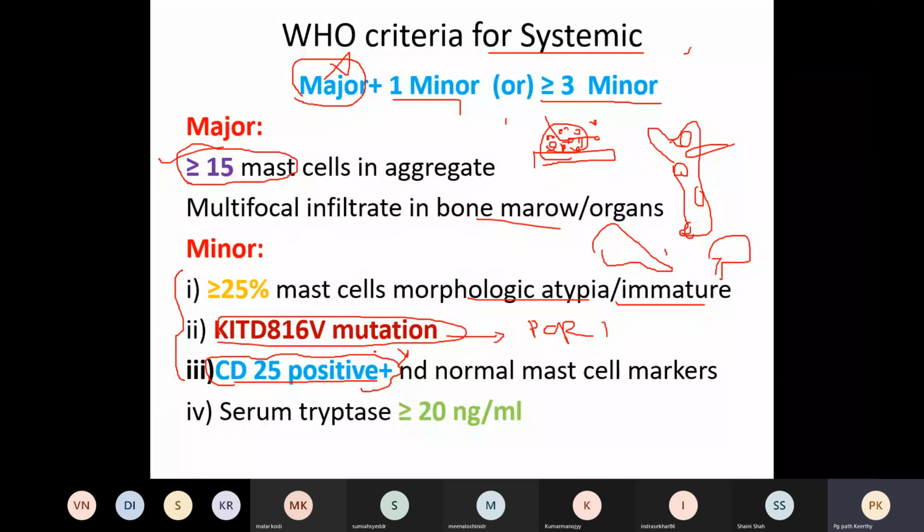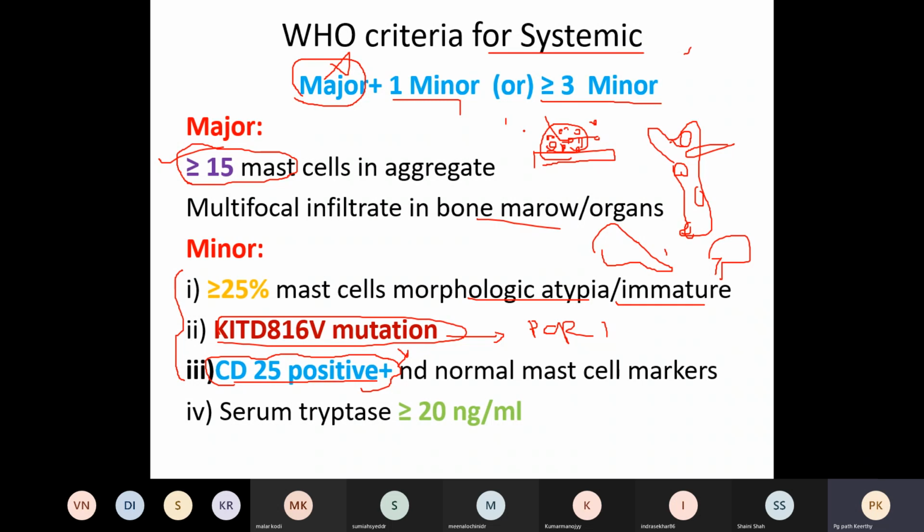That's how your mast cell starts expressing an aberrant B cell marker, CD25. That's how they are telling that we are not normal.